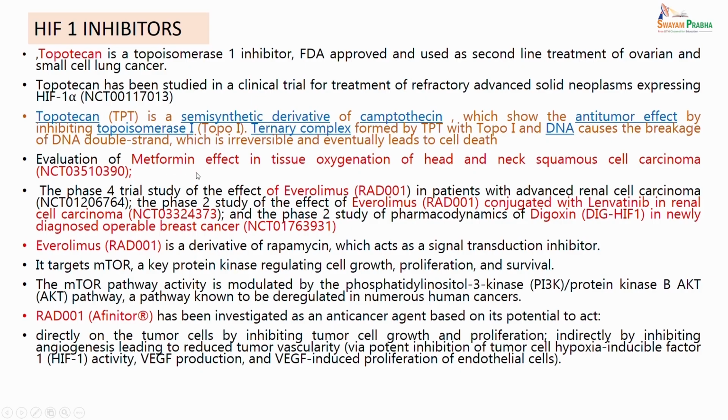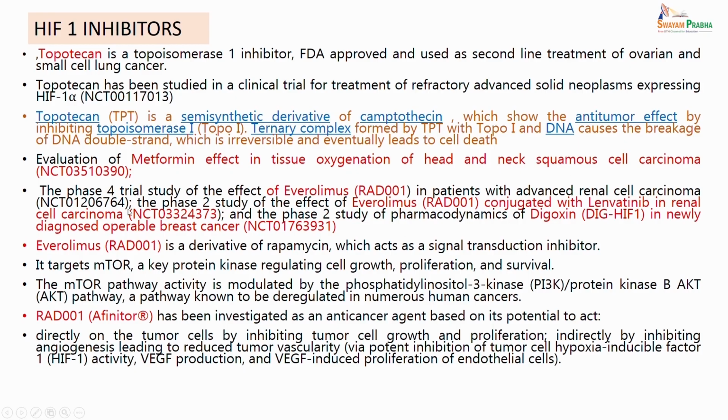Evaluation of metformin. Metformin also has been very useful because it's an mTOR inhibitor, and this has been found useful in head and neck squamous cell carcinoma, and this is the clinical trial number shown here. There has been a phase 4 trial study which has studied the effect of everolimus. This is otherwise called RAD001 in patients with advanced renal cell carcinoma.